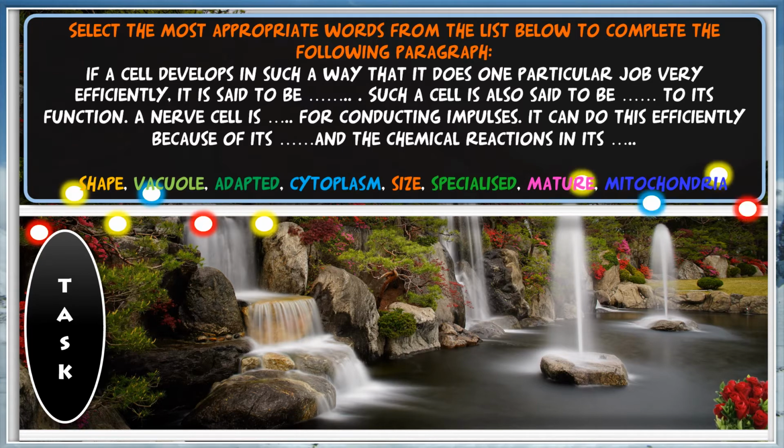A nerve cell is dash for conducting impulses. It can do this efficiently because of its dash and the chemical reaction in its dash. So the words we have to choose from are shape, virtue, adapted, cytoplasm, size, specialized, mature, and mitochondria.